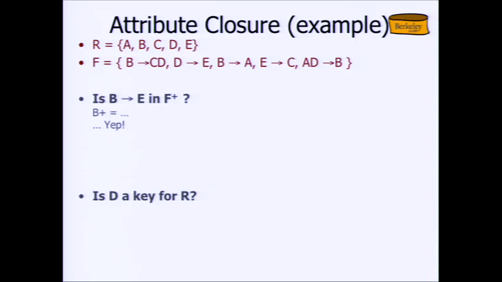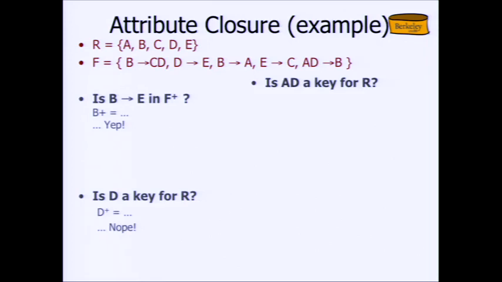Now we've got D, E, and C. What does that determine? Nothing. Well, bummer. I guess we're done. D, E, and C. So no, it's not a key. Agreed? Yeah, agreed. Good.